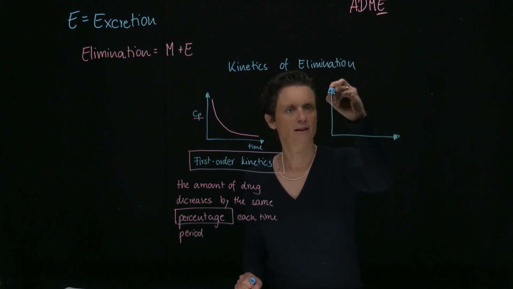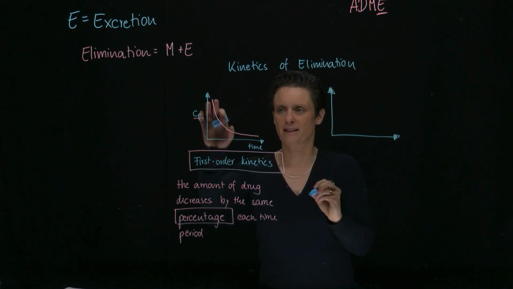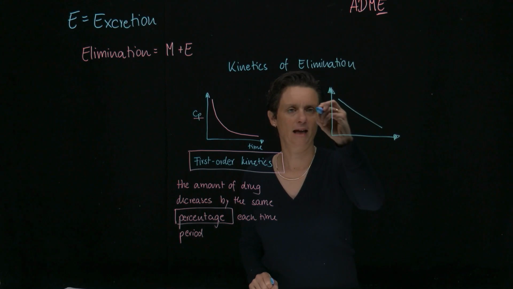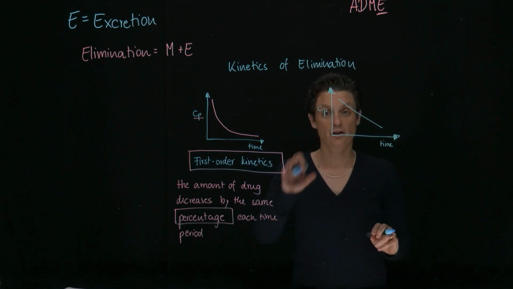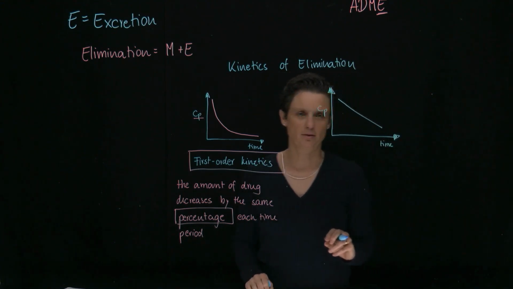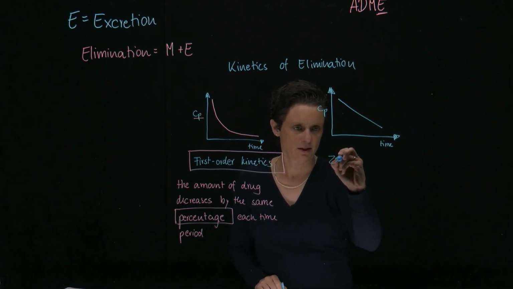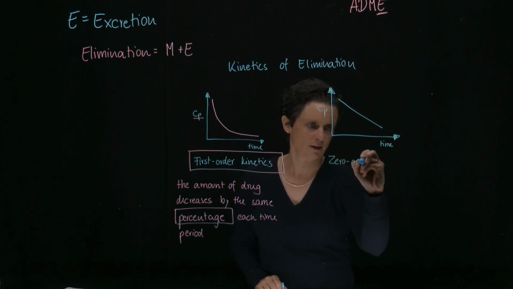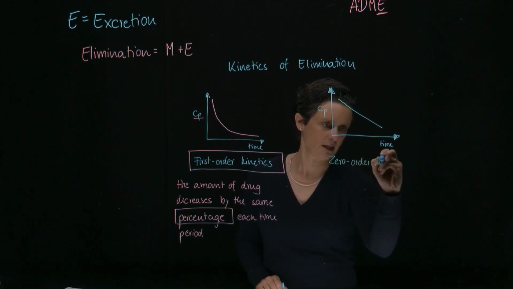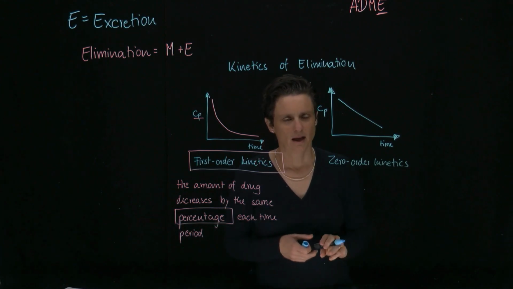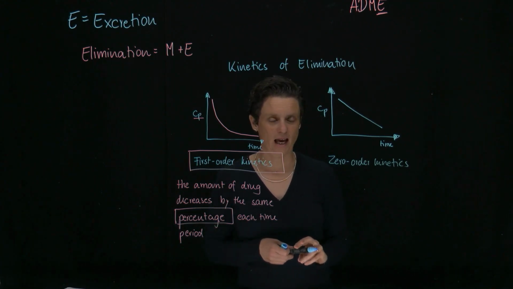And if you plot this, you're not going to have this exponential curve. You're just going to have a line, a linear relationship when you plot the plasma concentration over time, and that's called zero order kinetics. And hardly any drugs fall into this category.